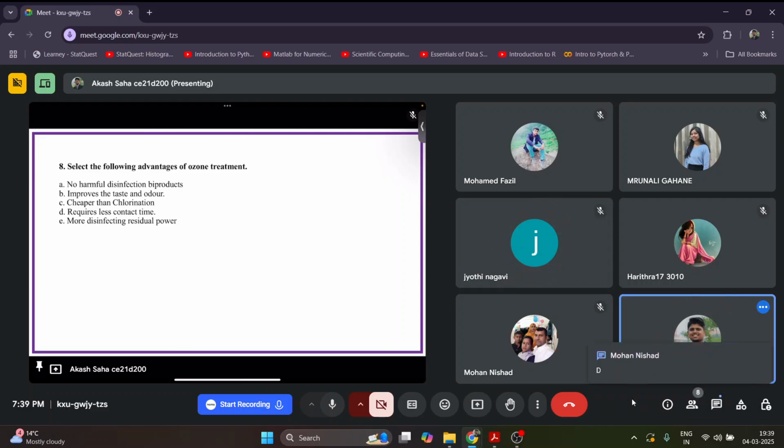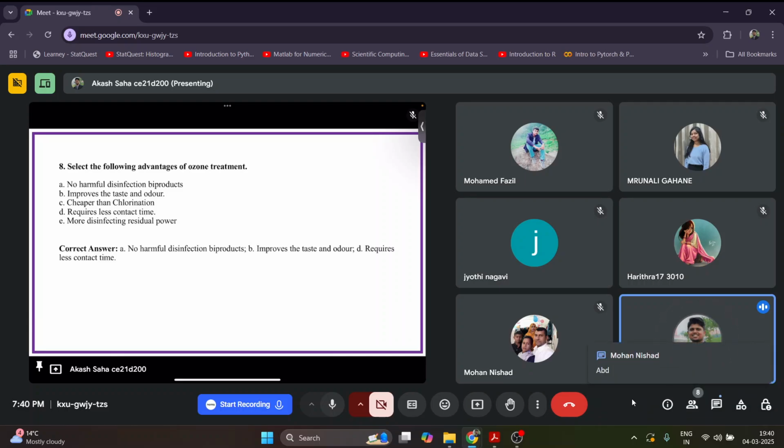D, yes, it can be D also because it is a much more efficient treatment system. So the contact time requirement will be less. Efficiency is inversely proportional to the contact time, so definitely it will require less. Okay, so A, B, and D will be correct.